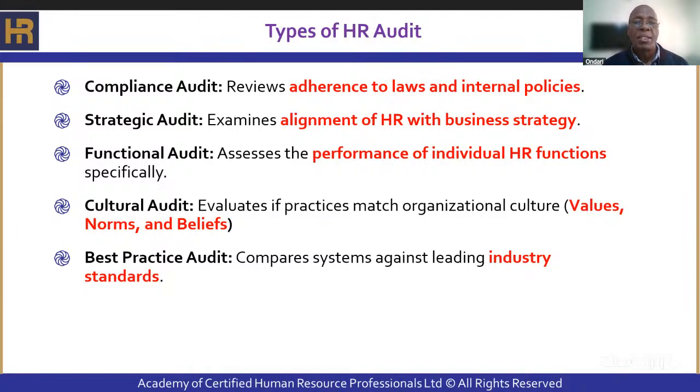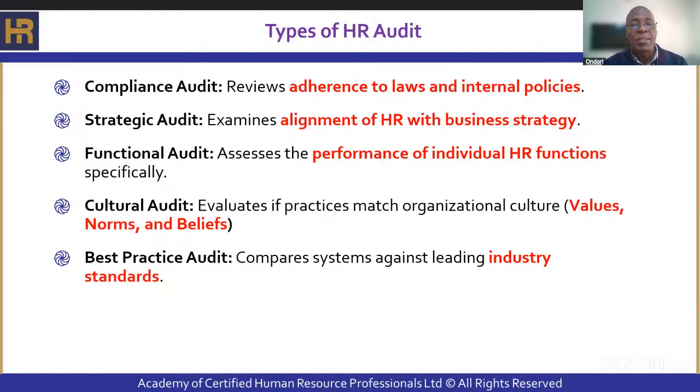Thirdly is the functional audit, which falls squarely within our role as HR managers. I have mentioned several functions that should be audited and should form the scope of our audit.